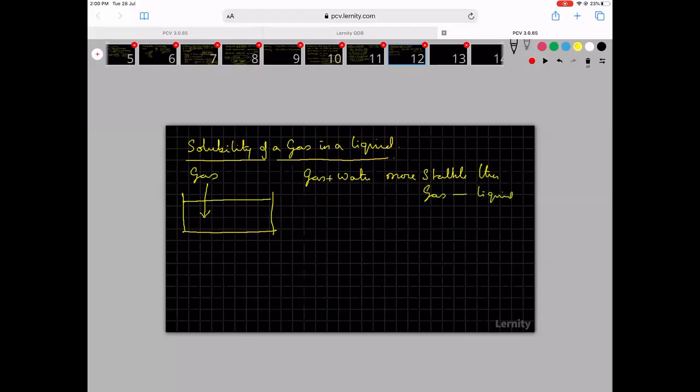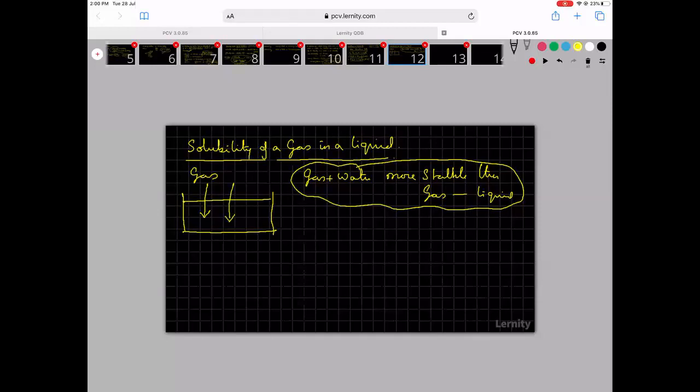Do you understand this? Basically, for any solution to form, there has to be a thermodynamic aspect, and heat must be released during the formation of a solution. Only if heat is released in the formation of a solution, it will be a spontaneous solution. So only then will a gas be soluble in water or in any liquid.